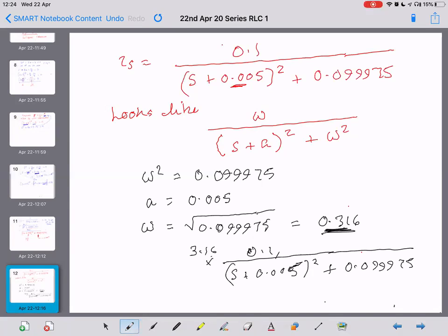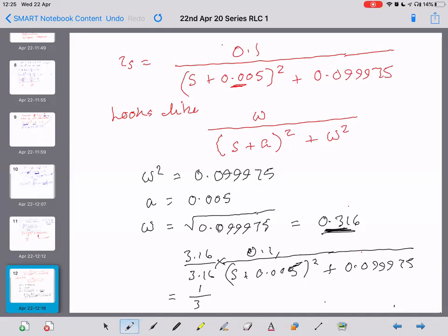Agreed? If we multiply the top by 3.16, we must multiply the bottom by 3.16 as well. Then effectively we'll multiply the whole thing by 1.